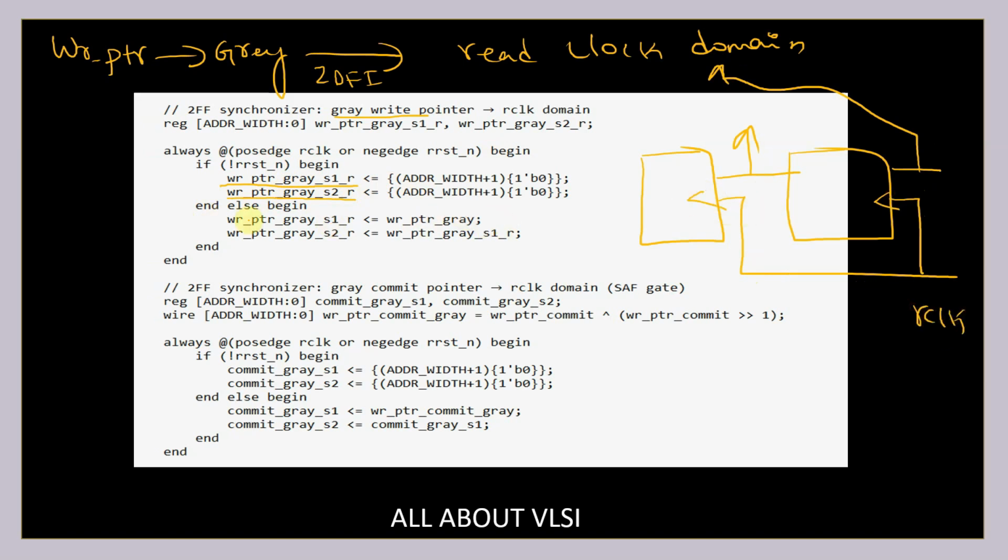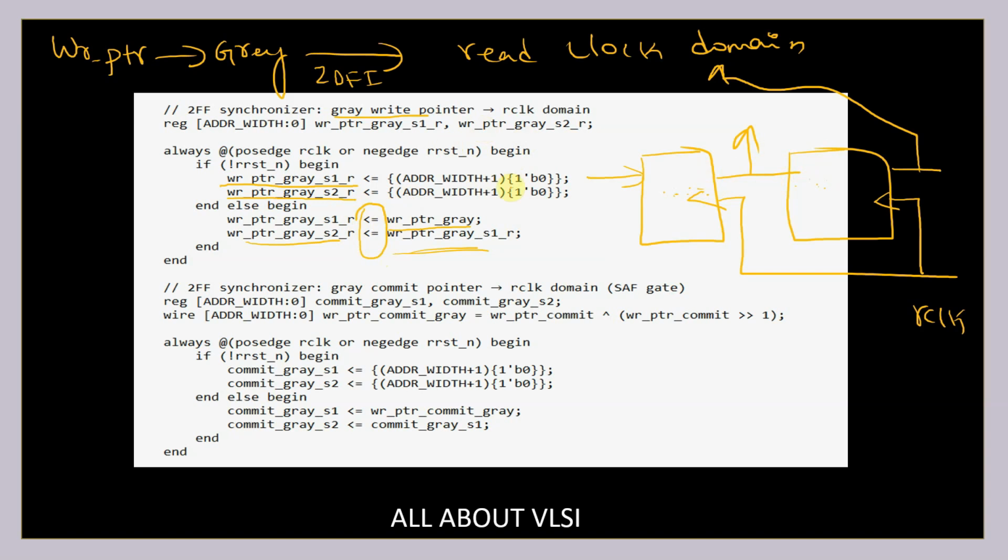Okay, now what is going to happen? This first flip-flop output will be updated to write pointer gray from here, and the next flip-flop output will be updated with this write_pointer_gray_S1, and these two D flip-flops are working parallelly. That's the reason I'm going to use a non-blocking assignment. So if I use non-blocking assignment, then only I can achieve this particular behavior.